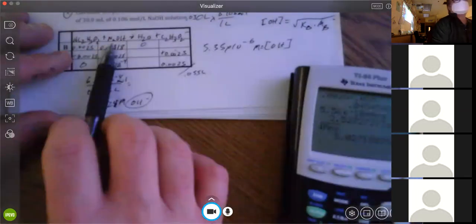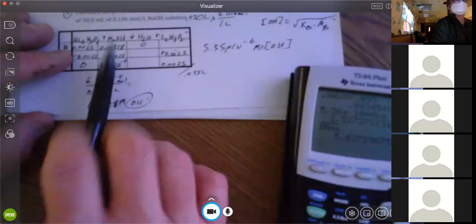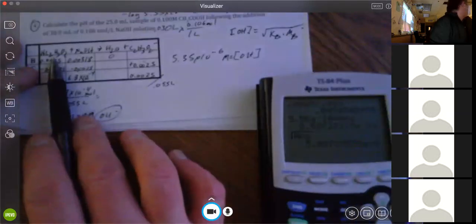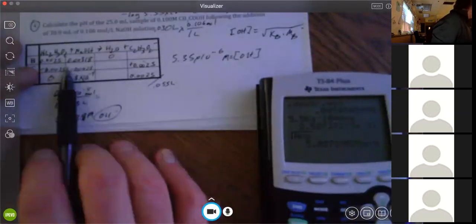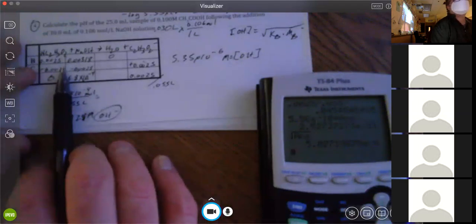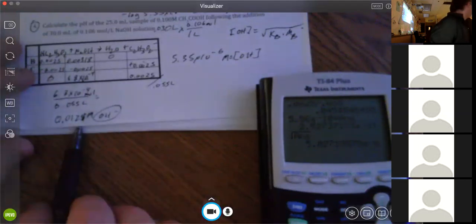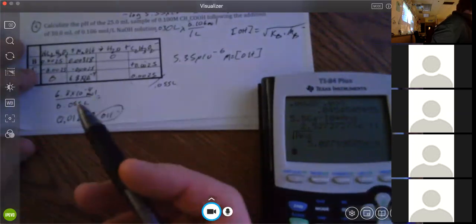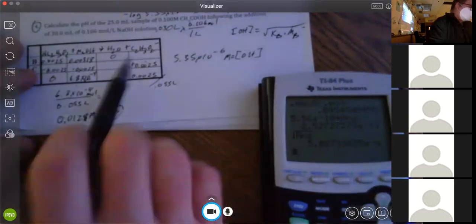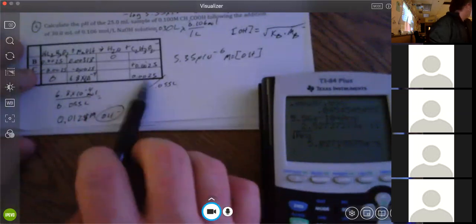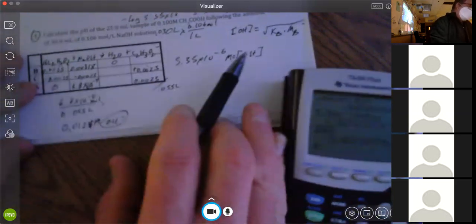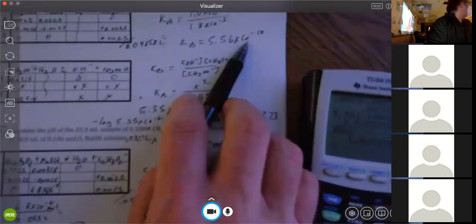So the fact that sodium hydroxide is a strong base, once we go past that equivalence point and we have excess sodium hydroxide, who takes over for figuring out our pH? The leftover sodium hydroxide, right? The weak base that was formed has a low Kb, so it's not going to have that big of an effect.